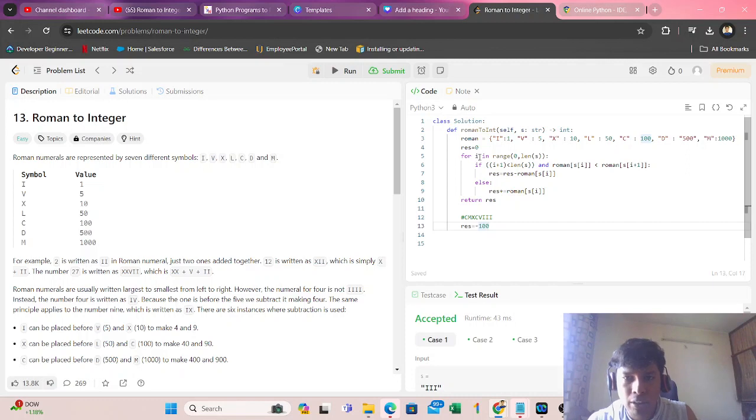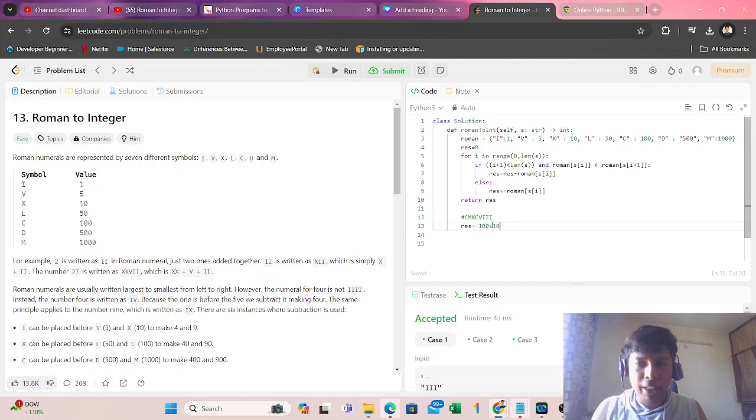Now i becomes 1. S of 1 is M. What is M? M here is 1000. Is 1000 less than S of i plus 1? i plus 1 this time becomes X. X is 10. No, it is not less than. So I have to just add that in res. So now I will add 1000 to res. Res was minus 100 at one point.